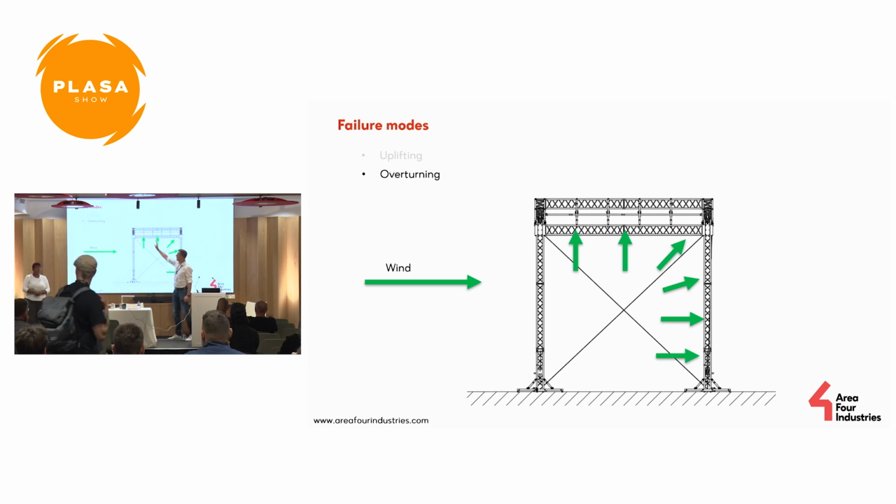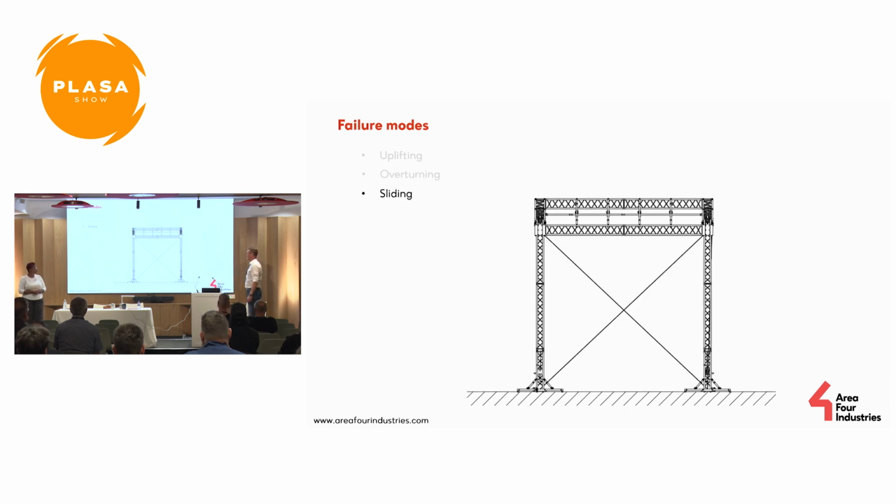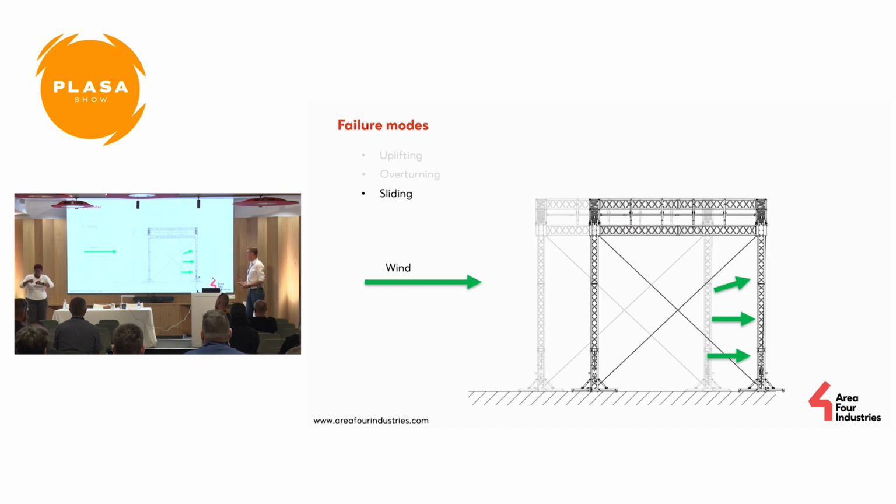All the parts in the vertical, under the horizontal rooftop, are acting vertically here, and they have a lever arm to the point of overturning. That means everything turns over. Finally, sliding. So the wind is blowing in, the force is generated, and the horizontal parts create a sliding effect of the whole stage.